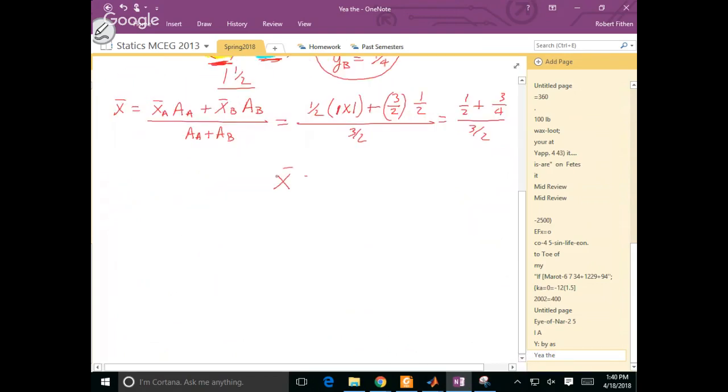So x bar is equal to 0.833. I said that wrong.